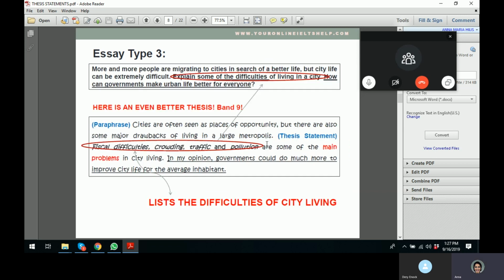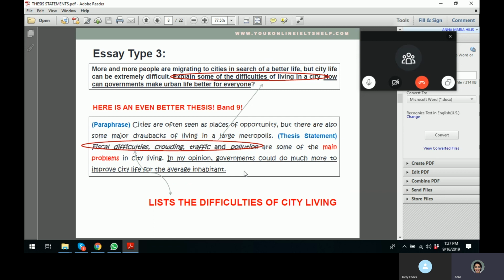Okay, here is more. I highlighted some of the important parts. Now, if you want to get a better band score, especially for your introduction, I would recommend that you list down what these difficulties are that you are talking about. There are actually many difficulties in city life.